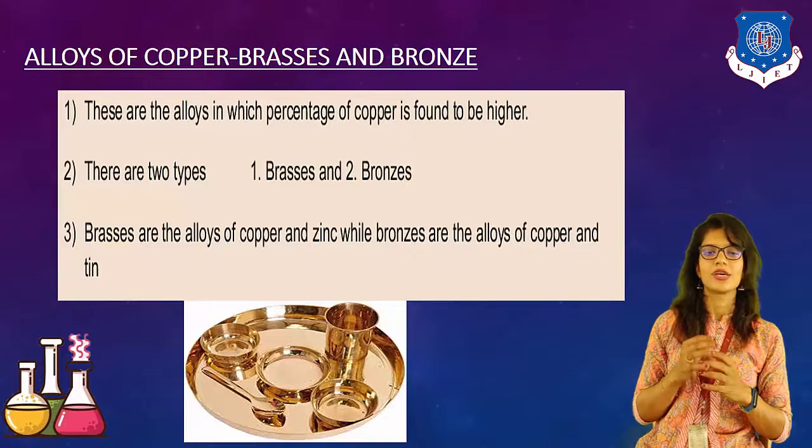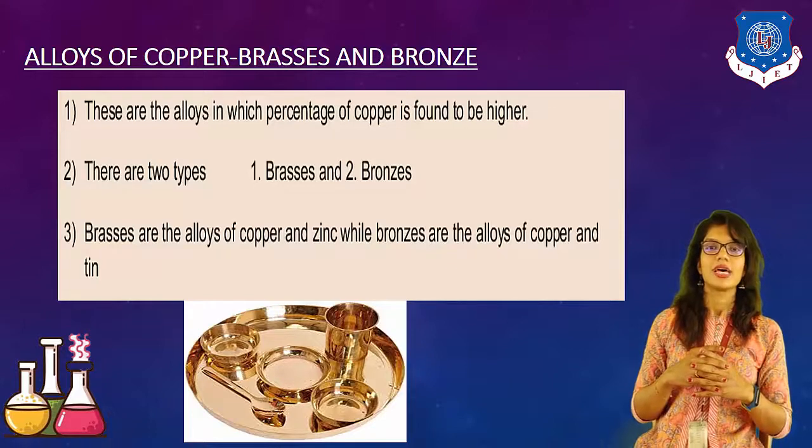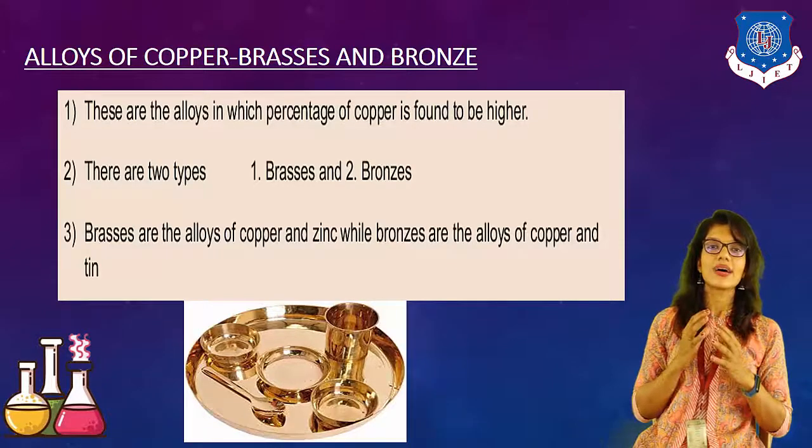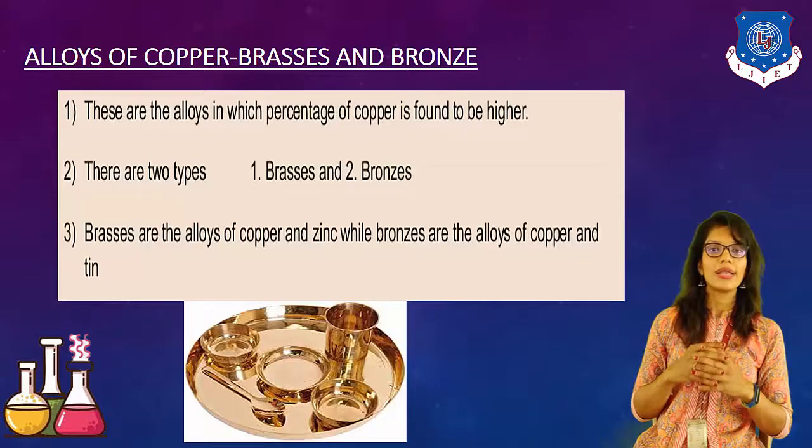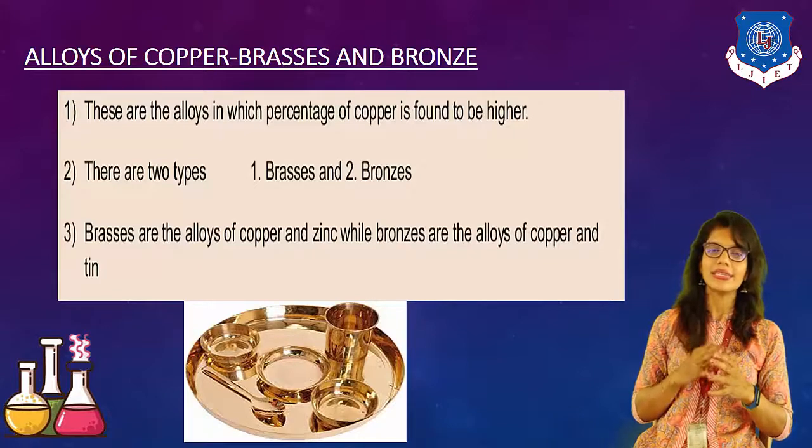So, two types are there. Number one, brass. Number two, bronze. Brasses are the alloys of copper and zinc, while bronzes are the alloys of copper and tin.